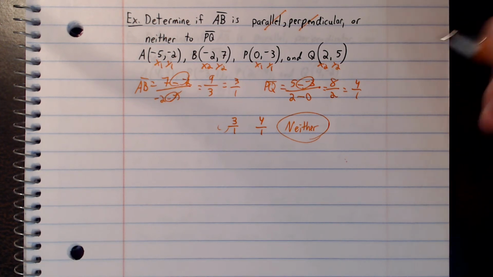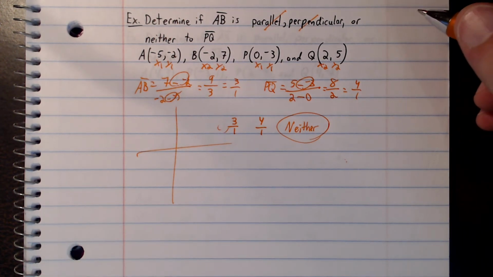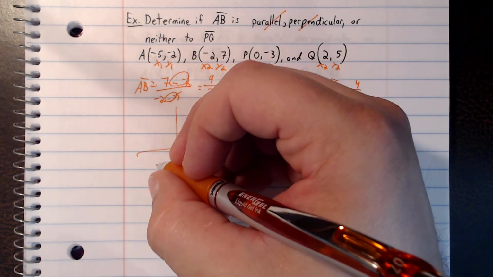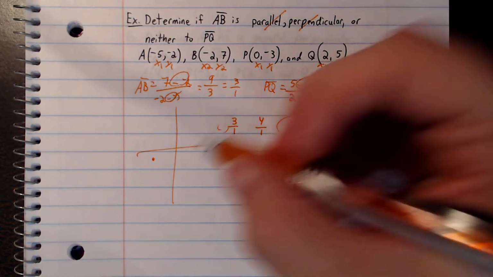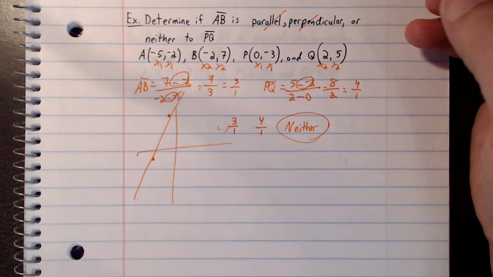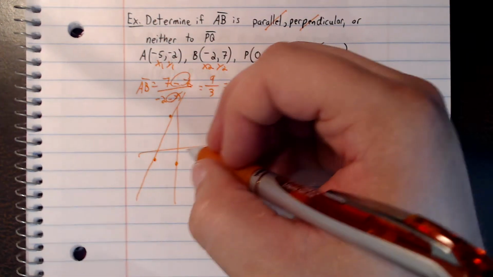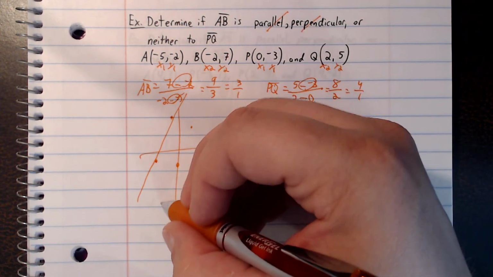If we were to look at a graph of this, real quick, visual, right? -5, -2 is here, and -2, 7 is way up here. So this is this line. And then 0, -3 is about here, 2, 5.